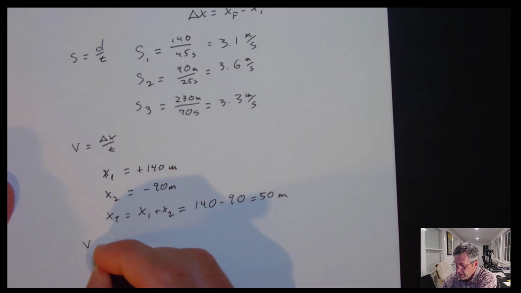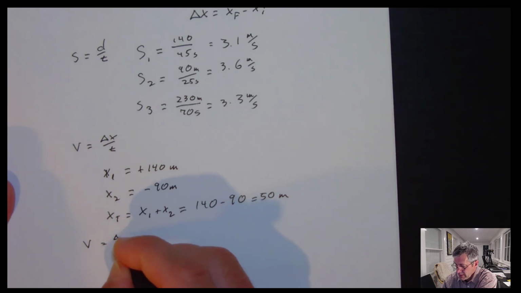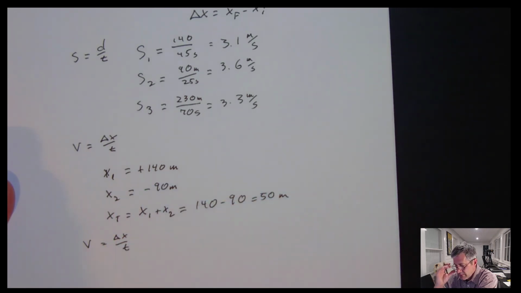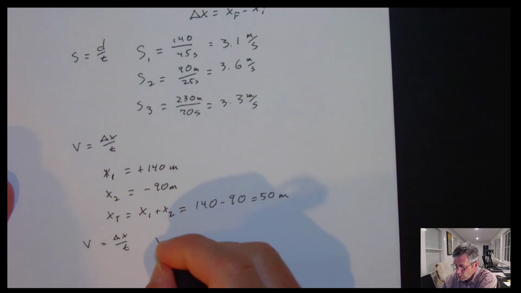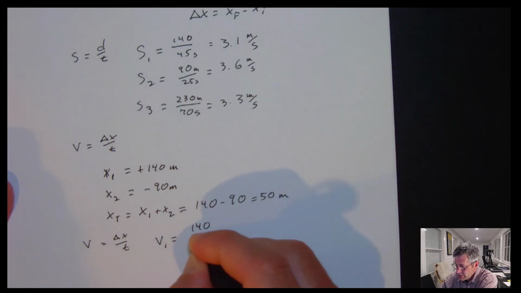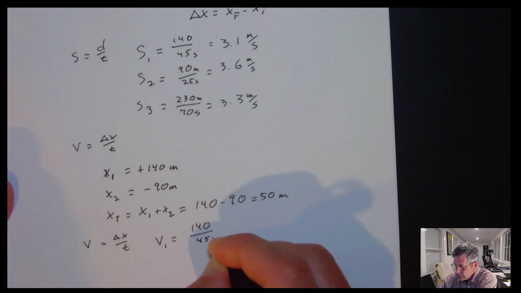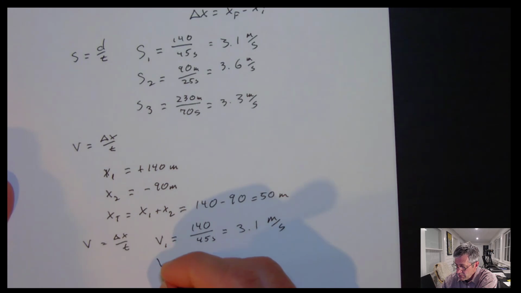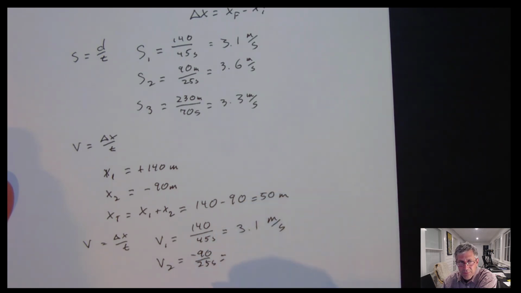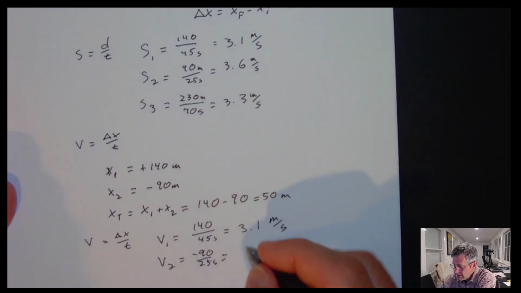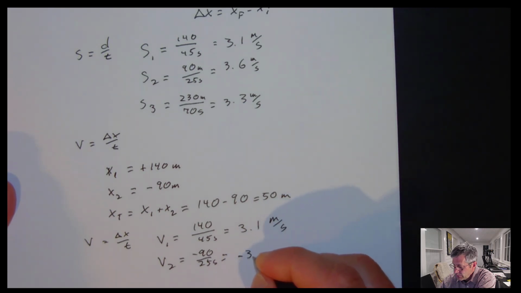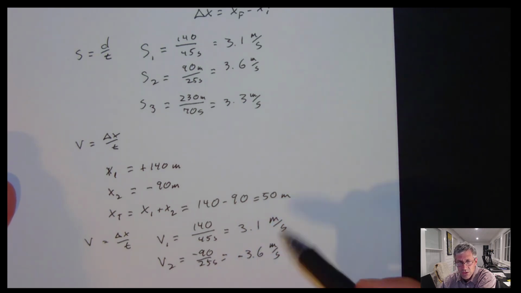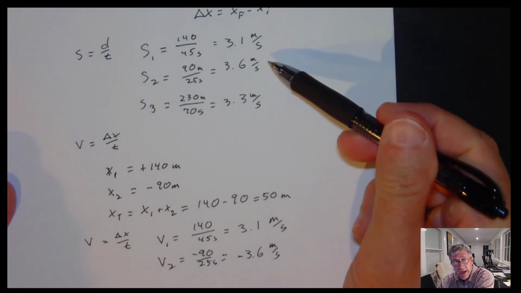Now I do velocity. I'm going to have the same challenge of having 3 different velocities. So my velocity for leg 1, it's going to be 140 meters over 45 seconds. Right? I'm going to have the same speed and velocity, it's 3.1 meters per second. My velocity on leg 2, I'm going to have minus 90 over 25 seconds. So notice I'm going to have the same number, but the opposite direction. So I'm at negative 3.6 meters per second, right? So it's going at the same speed as we calculated the first time.